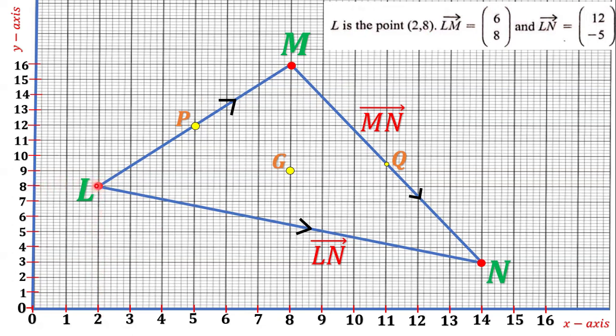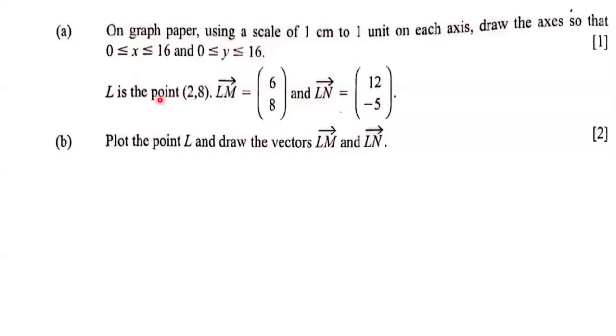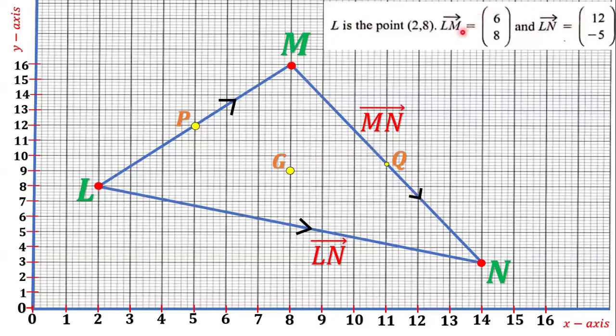Now, what else do they want us to do? They want us to plot L and draw the vectors LM and LN. They tell us that LM is equal to the column vector (6, 8). So we start at L. The positive 6 means we move 6 to the right, and the positive 8 means we move 8 up.